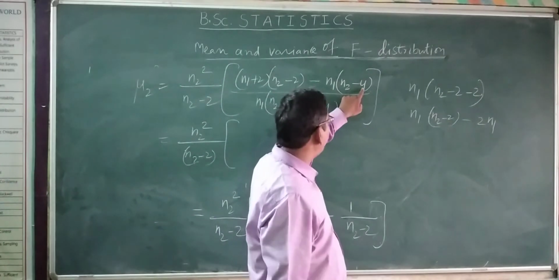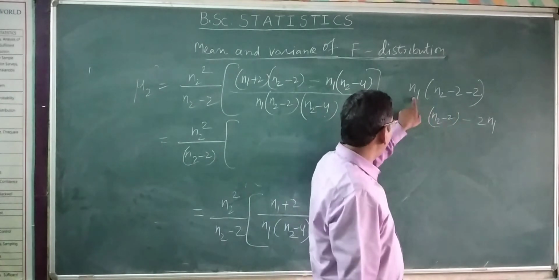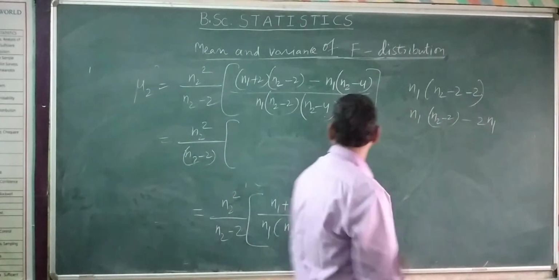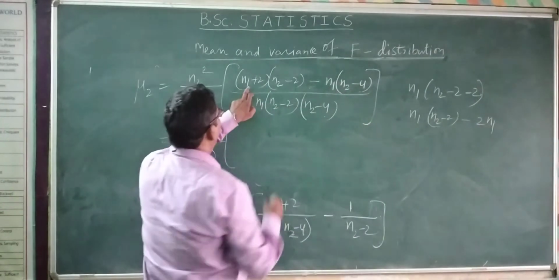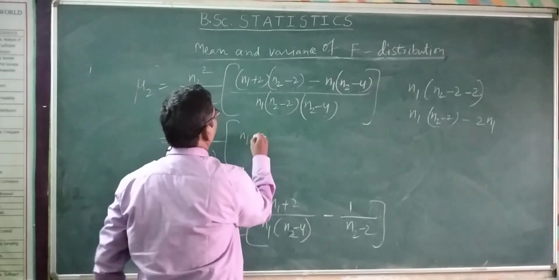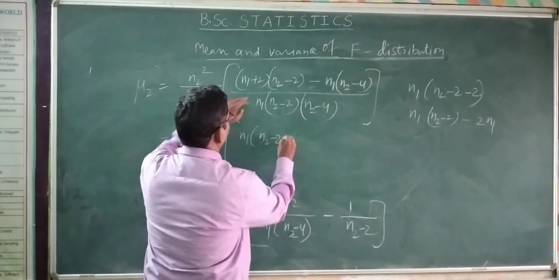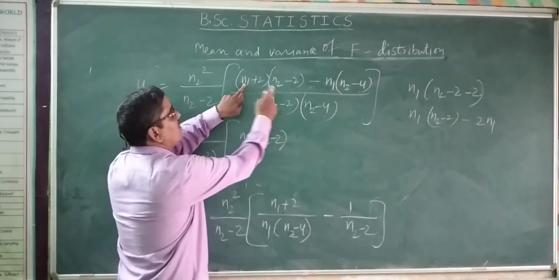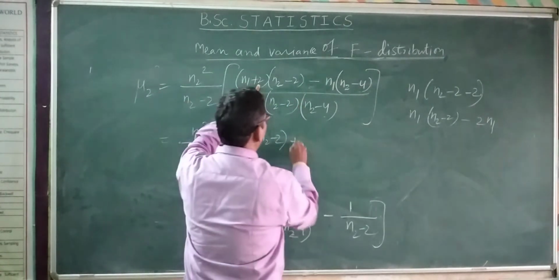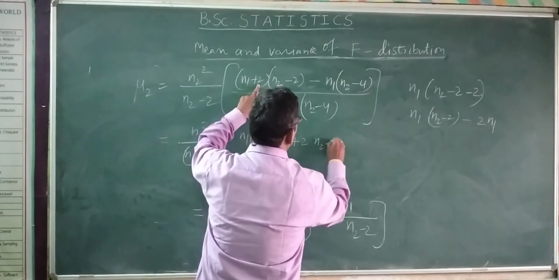If you do this, it is n1 into n2 minus 2 minus 2 into n1. So that is what I am writing here. Here I am separating the term n1 into n2 minus 2. Do you understand? I have multiplied n1 with n2 minus 2, and plus 2 into n2 minus 2.